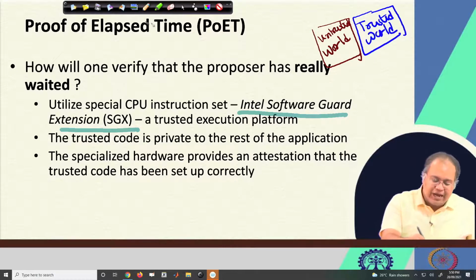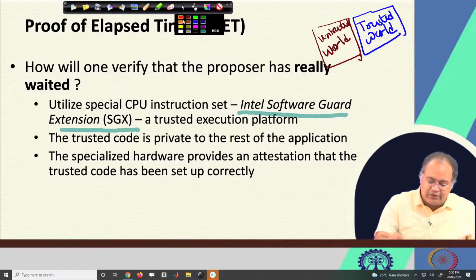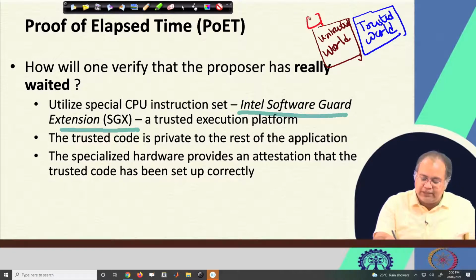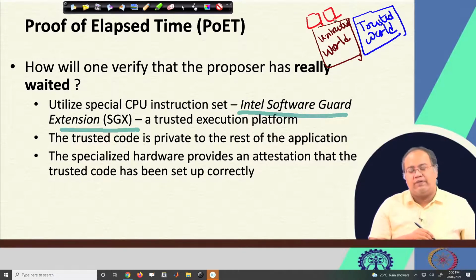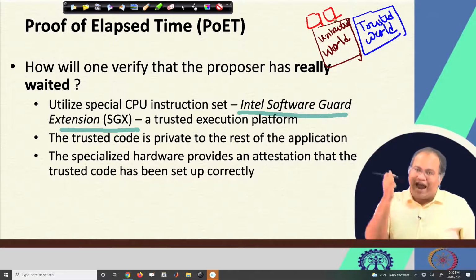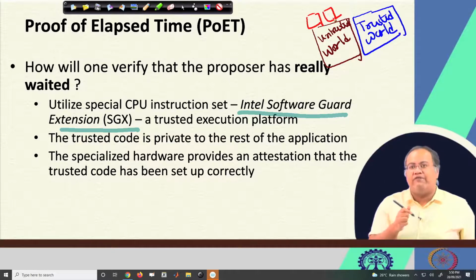Now, the general applications that you typically use run in the untrusted world. Whenever you need to do some kind of trusted computing, some attestation or verification, that verification should come from a trusted world that no one should be able to change or modify.